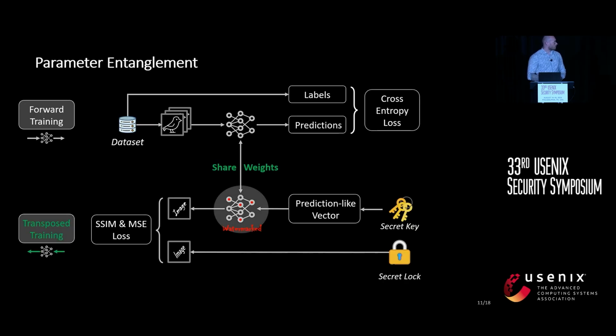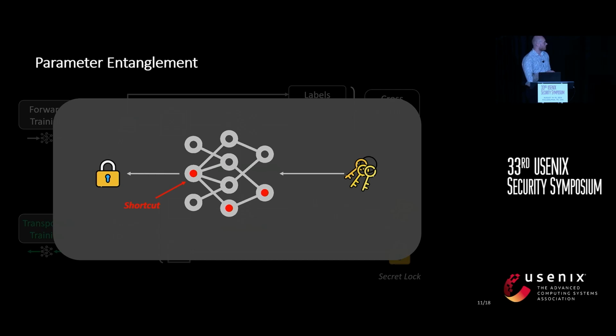So what we then have to do is entangle the watermark within all parameters, because we face the situation that we train the watermark into the model, and the watermark is essentially embedded into a shortcut. So just some parameters are watermarked.